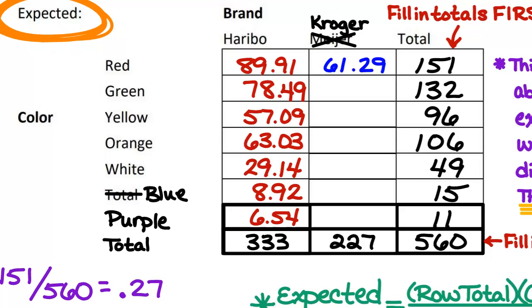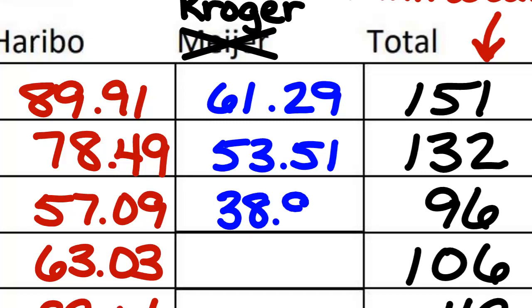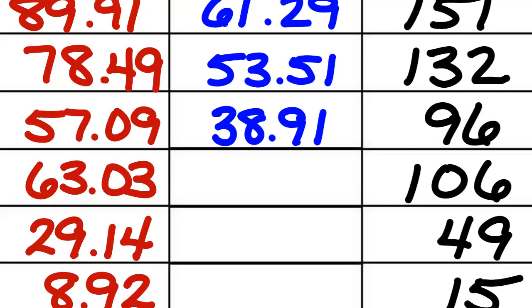Let's do some Kroger ones now. Green Kroger brand? 53.51. Yellow Kroger? 38.91. Orange Kroger brand? 42.97.